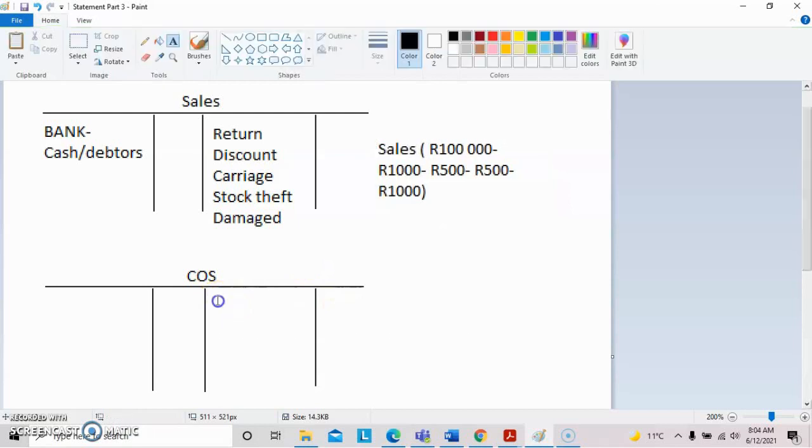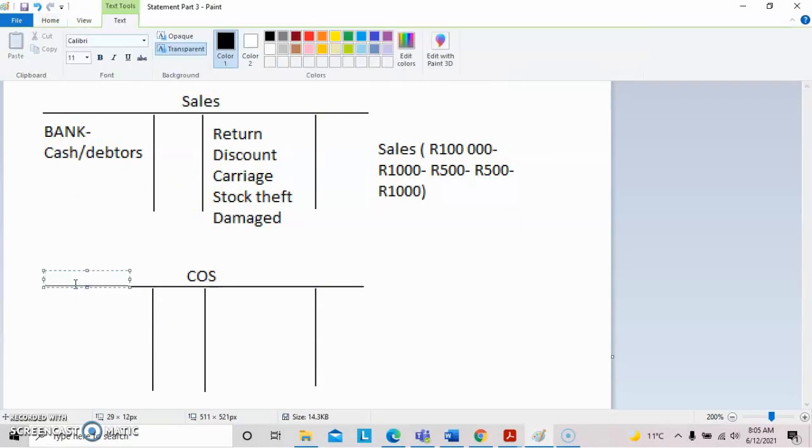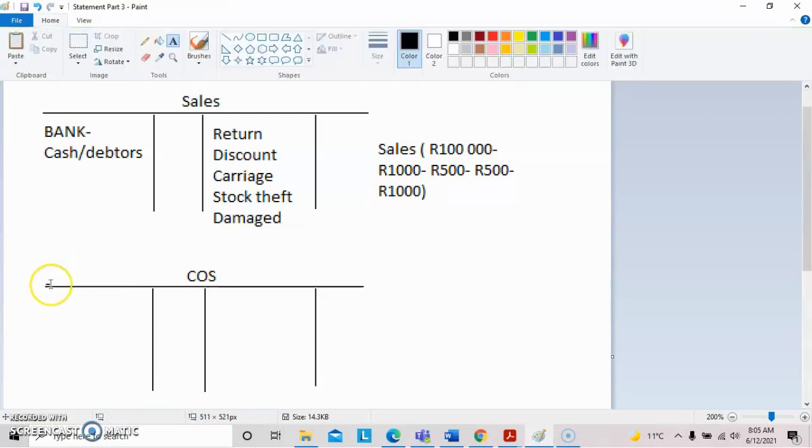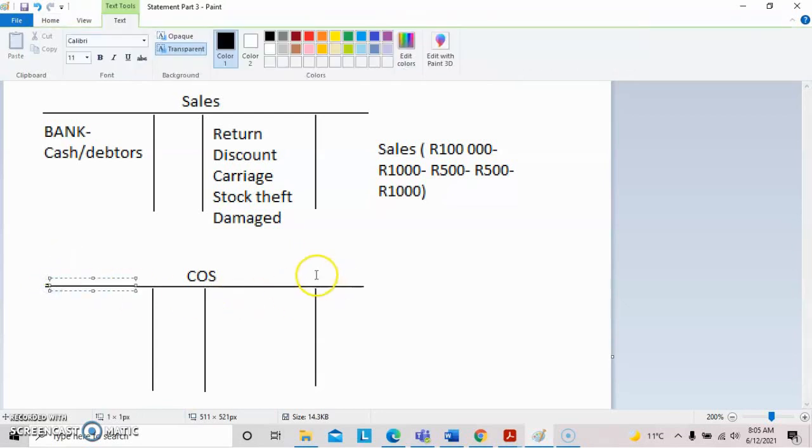Okay, so with the cost of sales account, this is exactly the same as the sales, but now it's reversed. If you notice in the cost of sales account, our debit side is the negative side, right?